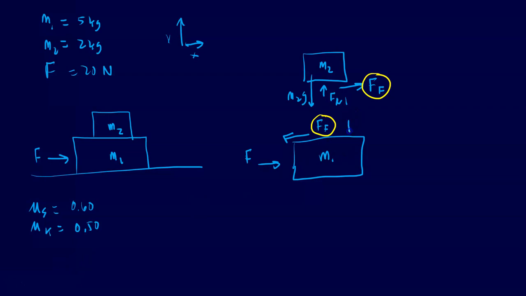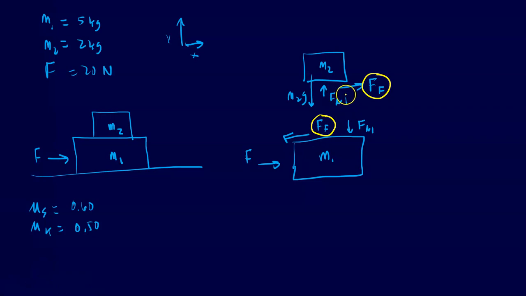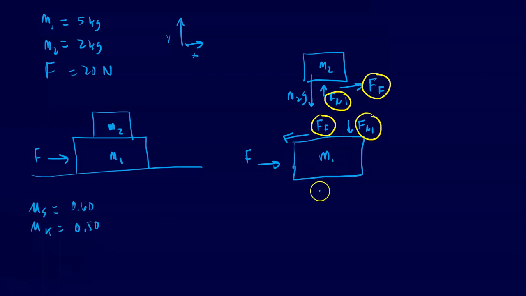Now, there will also be what we'll call a force normal 1 of M2 pressing down on M1. And that one as well is going to be a Newton's third law pair. So these two forces here should be equal and opposite as well. Now, to round out the forces, there's going to be what I'll call the force normal 2 of the ground pressing up on M1, and then, as usual, M1g.